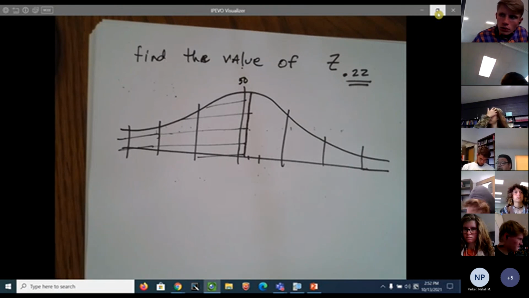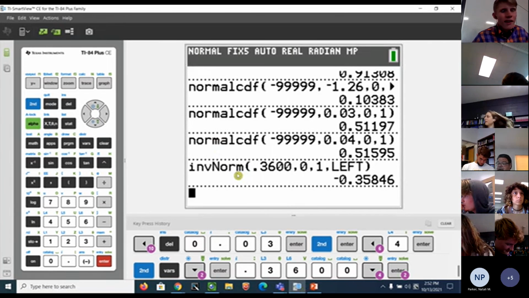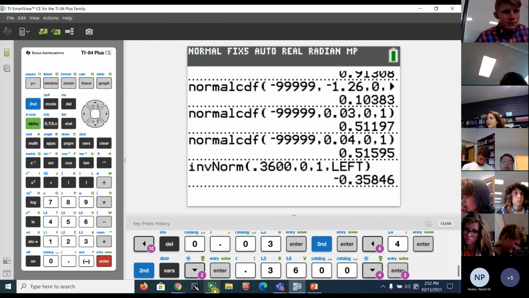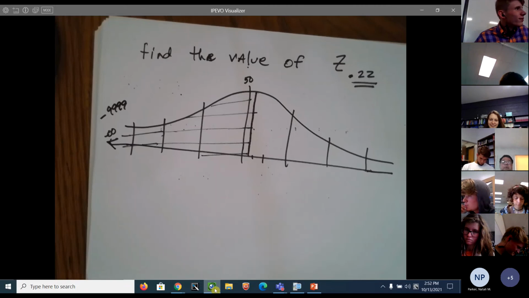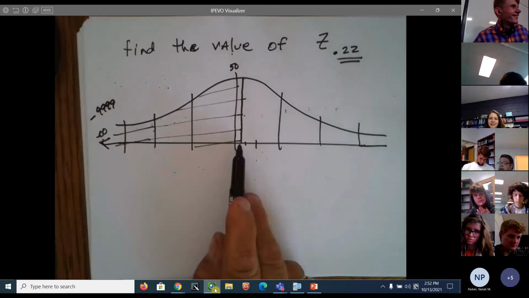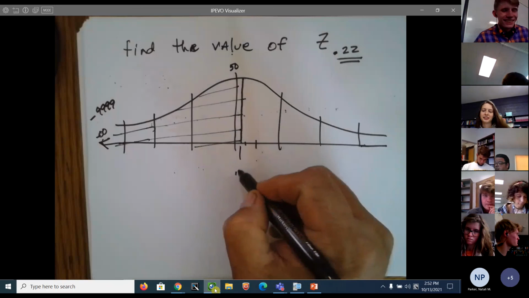So you take your handy dandy normal CDF, and what's this area called down here? That's negative infinity. So that'd be negative 9999. Which way do we read? Left to right, negative 9999 to 0.22.